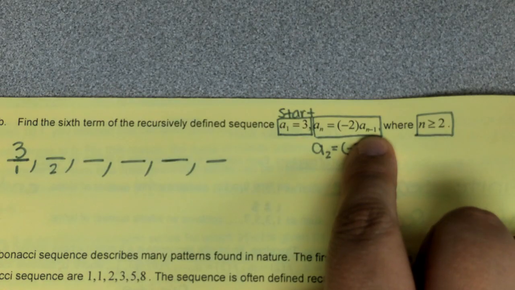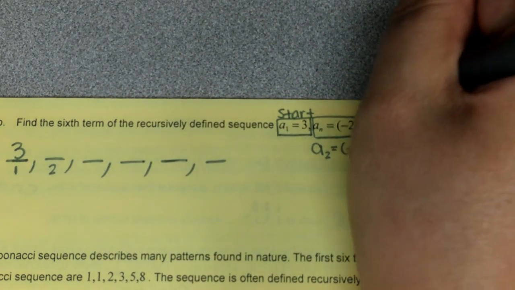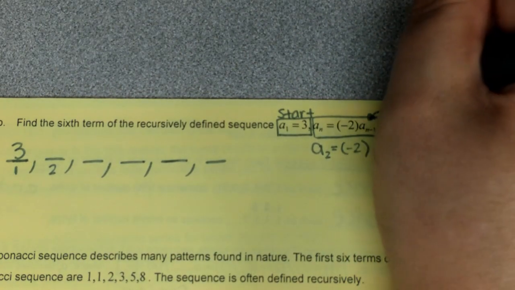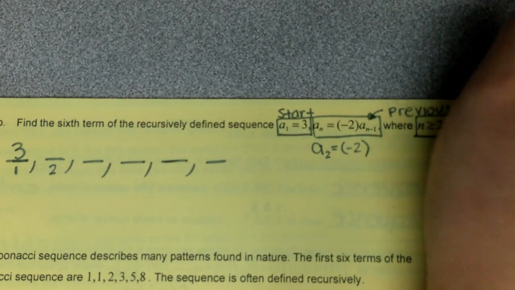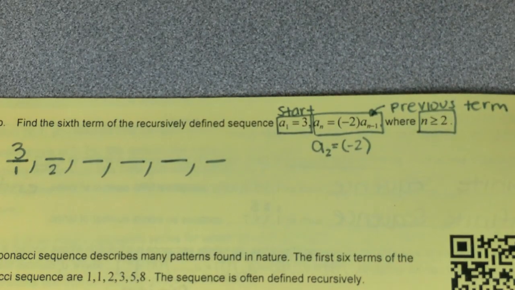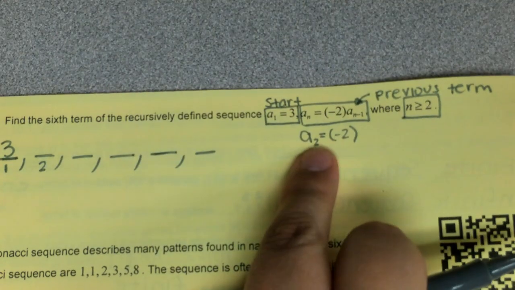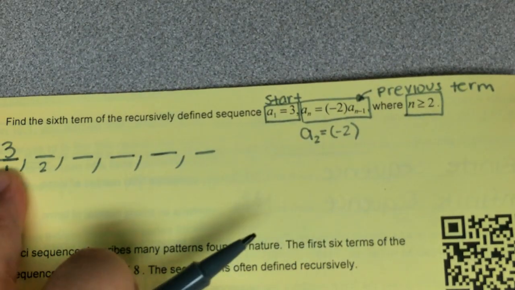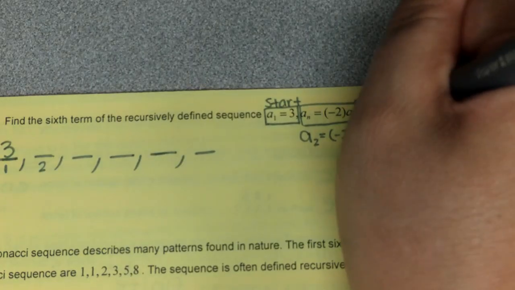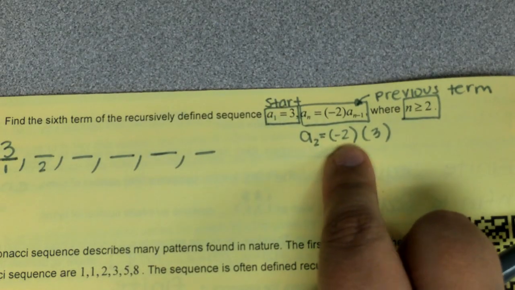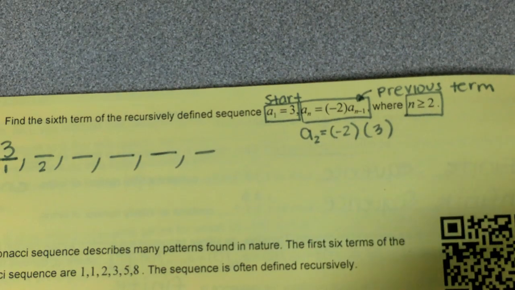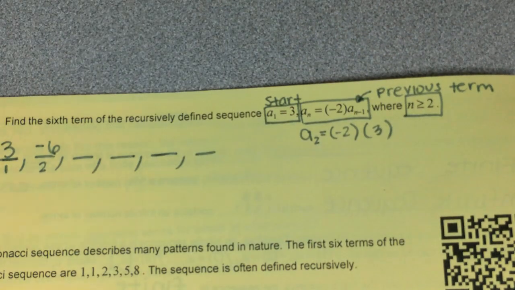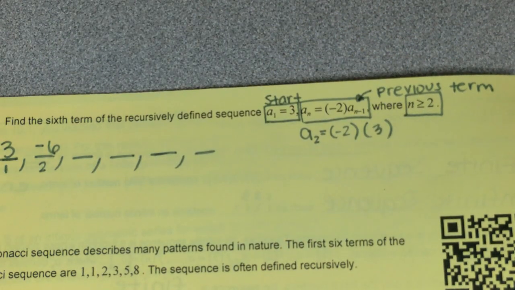This right here means the previous term. What's the term right in front of the second term? Which is 3. So to find A of 2, I'm going to take the term before it times negative 2. The second term is negative 6.